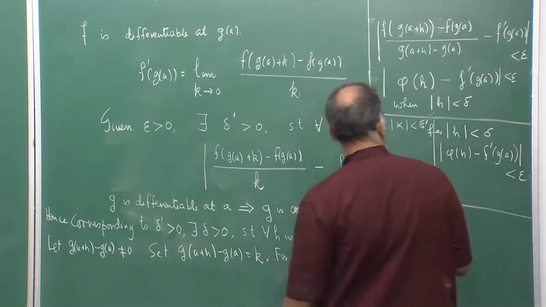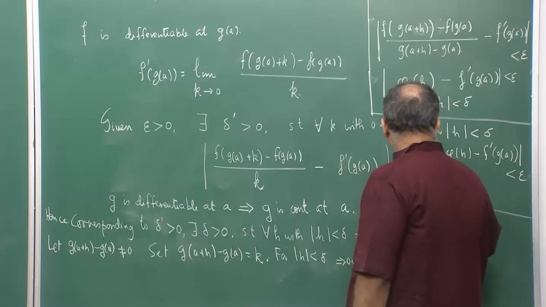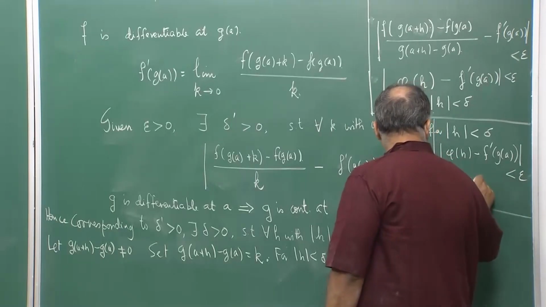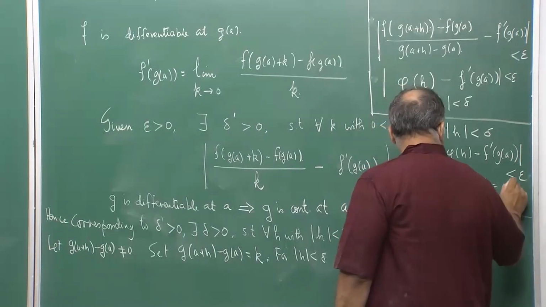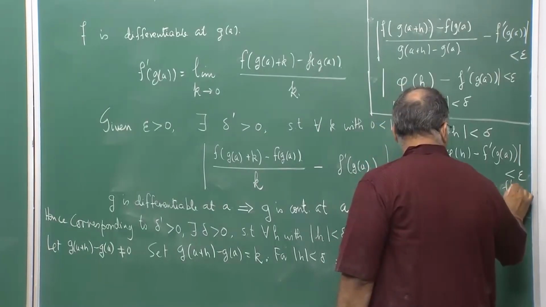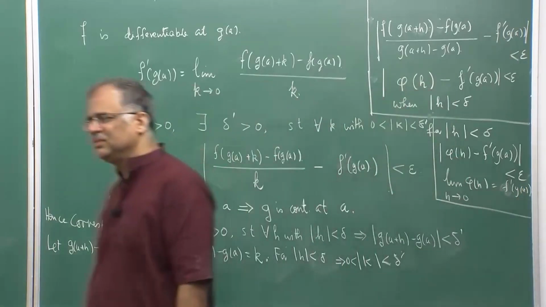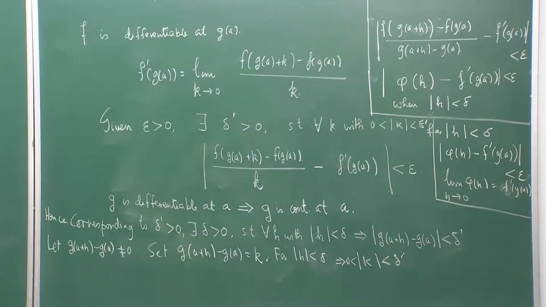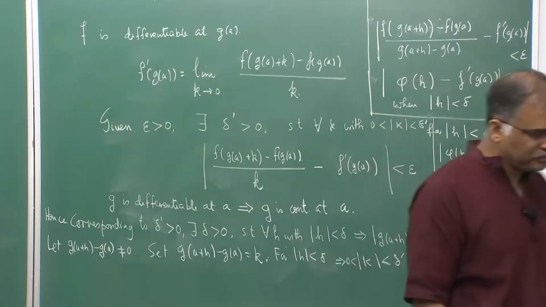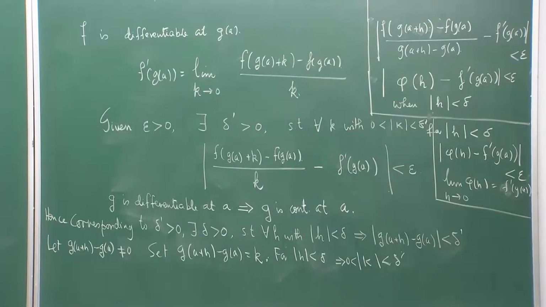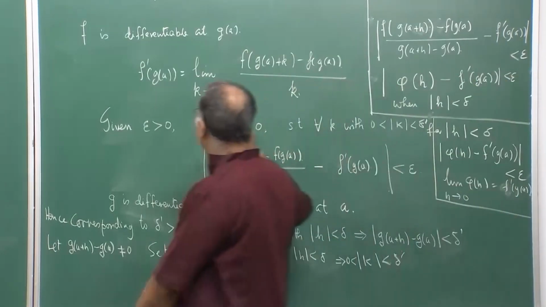What I have proved is that the limit of phi(h) as h tends to 0 is f dash of g(a). This is the crucial step by which you overcome the fact that g(a+h) minus g(a) could be 0.